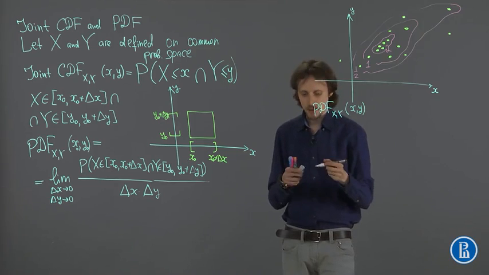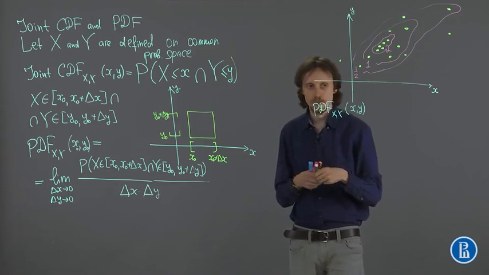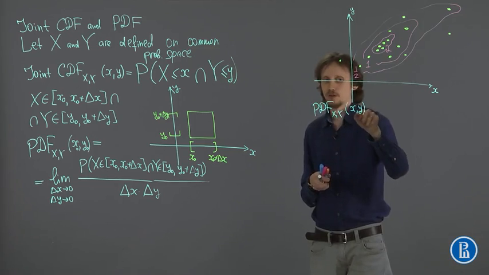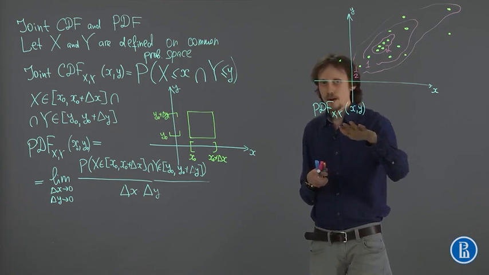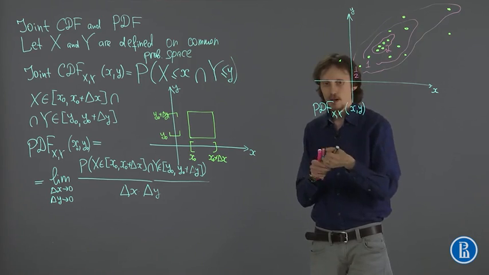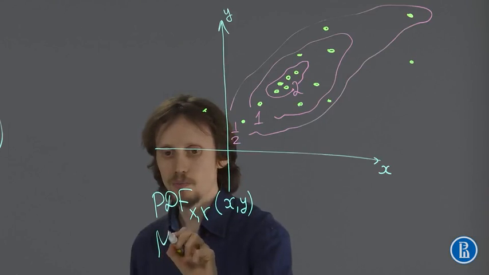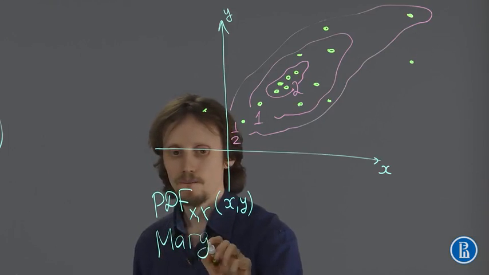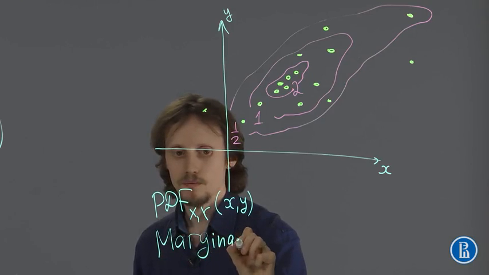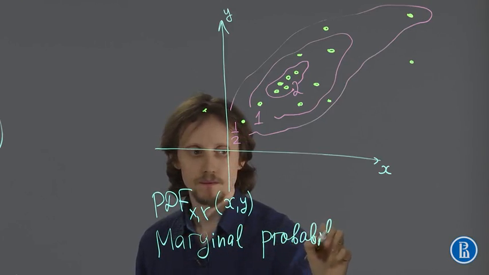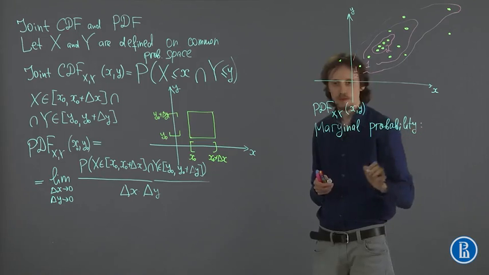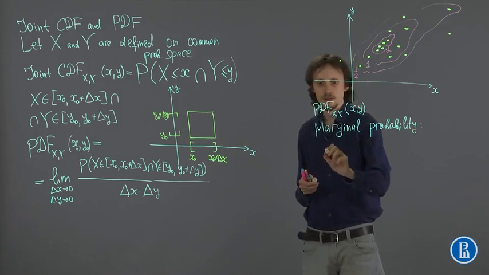In the discrete case, we had to consider a sum over all possible values of the other variable, in this case y. In the continuous case, we have to replace summation by integration. So we have marginal probability, which is defined like this.